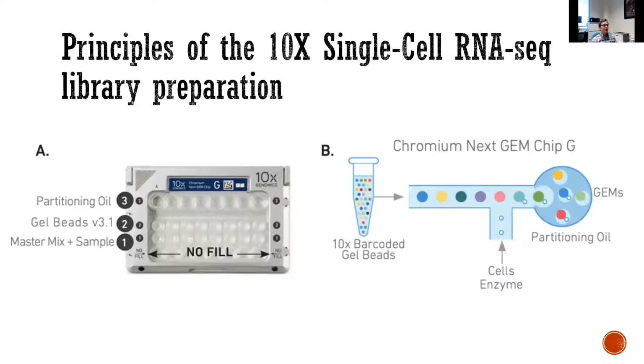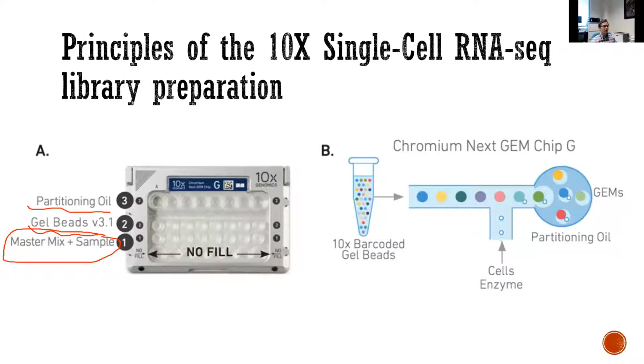Once you are ready, with the mixture of the sample with the master enzyme mixture, you will load them into this 10x Genomics Chromium preparation panel. Another component, the gel beads, will be loaded here, and then partitioning oil will be loaded here. Then you put this back into the Chromium controller.